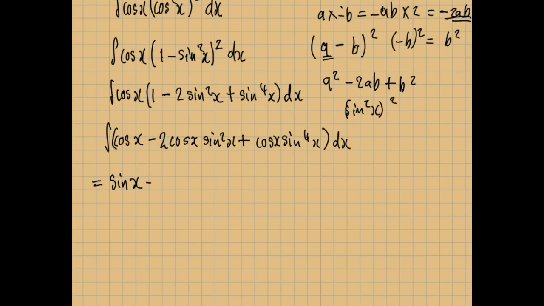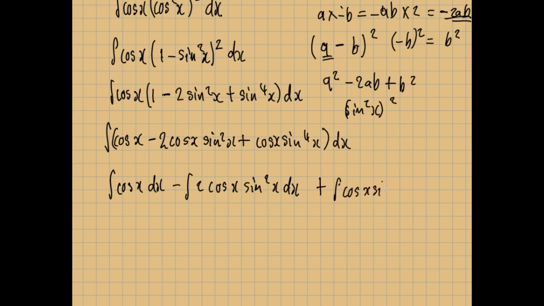So I can now say minus the integral of, if you like to separate it, let me just do it for the benefit of somebody who would need this. You can separate it like we always do: the integral of cos x with respect to x, minus the integral of 2 cos x sine squared x with respect to x, plus the integral of cos x sine to the power of 4 x with respect to x.